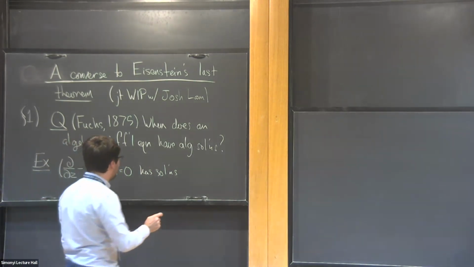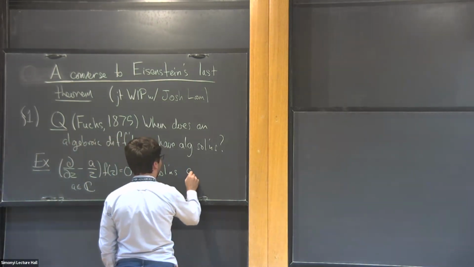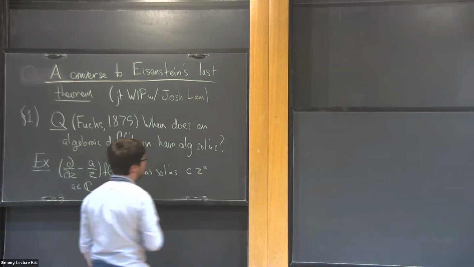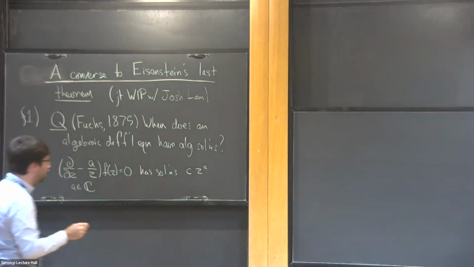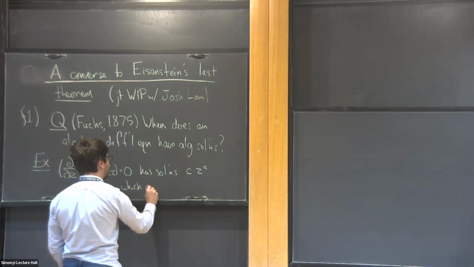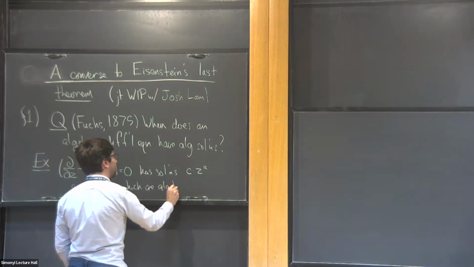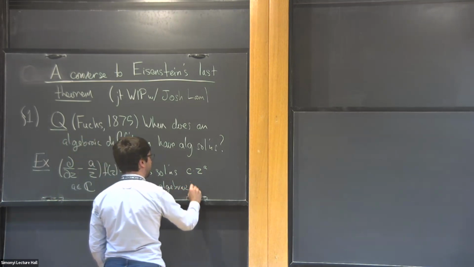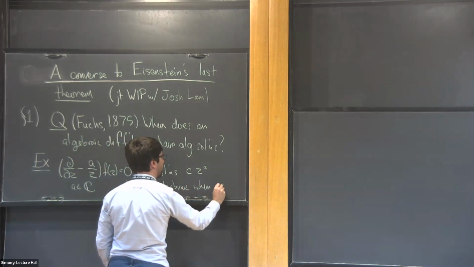All right, sorry for making you do homework. The solution is a constant times z to the a, and these are algebraic exactly when a is a rational number.